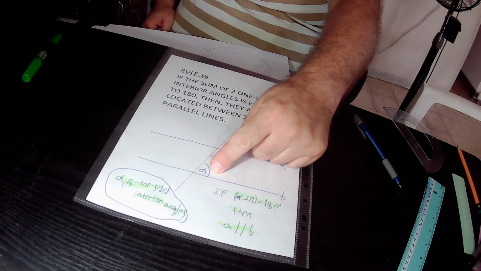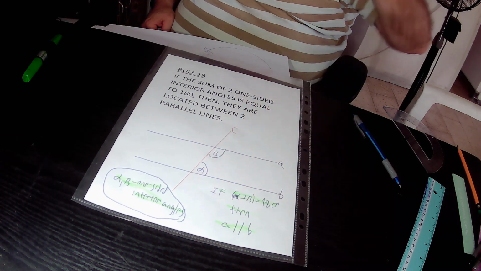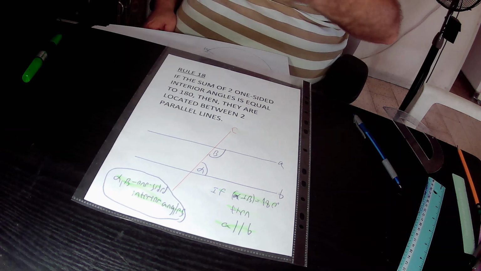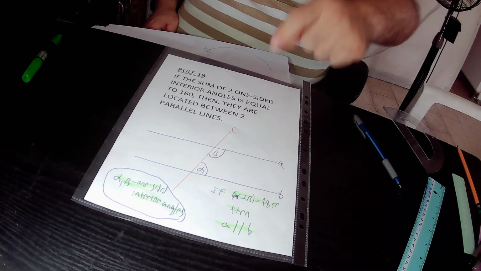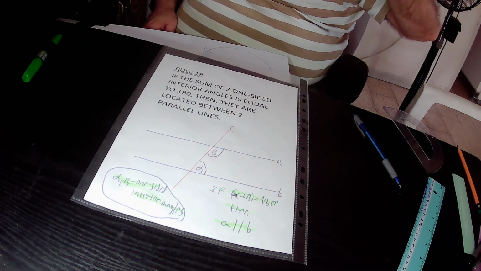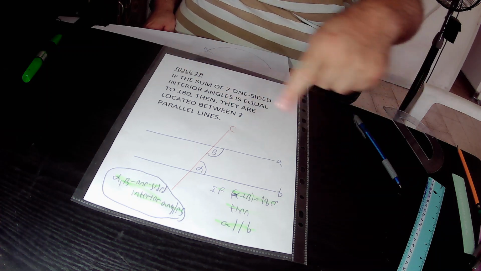Those are angles alpha and beta that are defined as one-sided interangles. And according to rule 18, if the sum of those two one-sided interangles is equal to 180 degrees, then they must be located between parallel lines. That is to say, line A is parallel to line B.